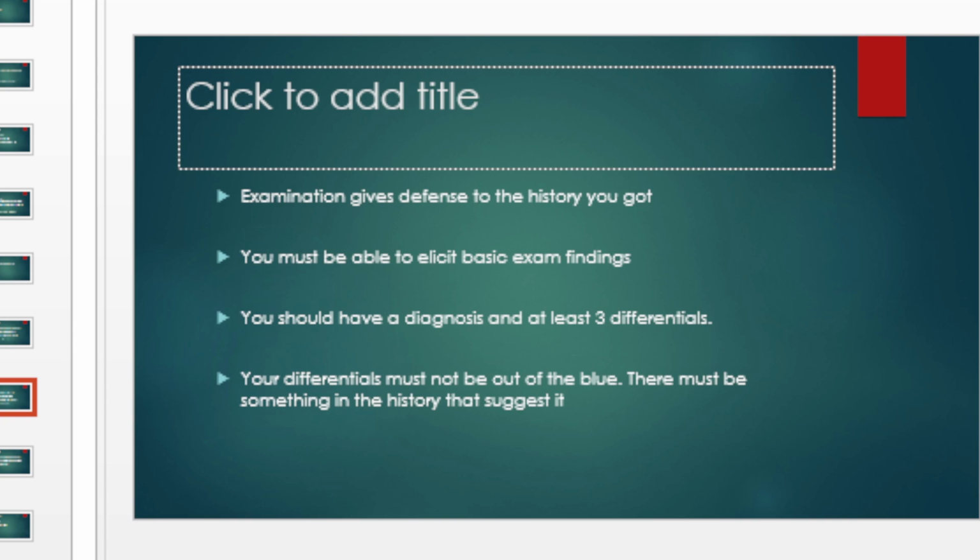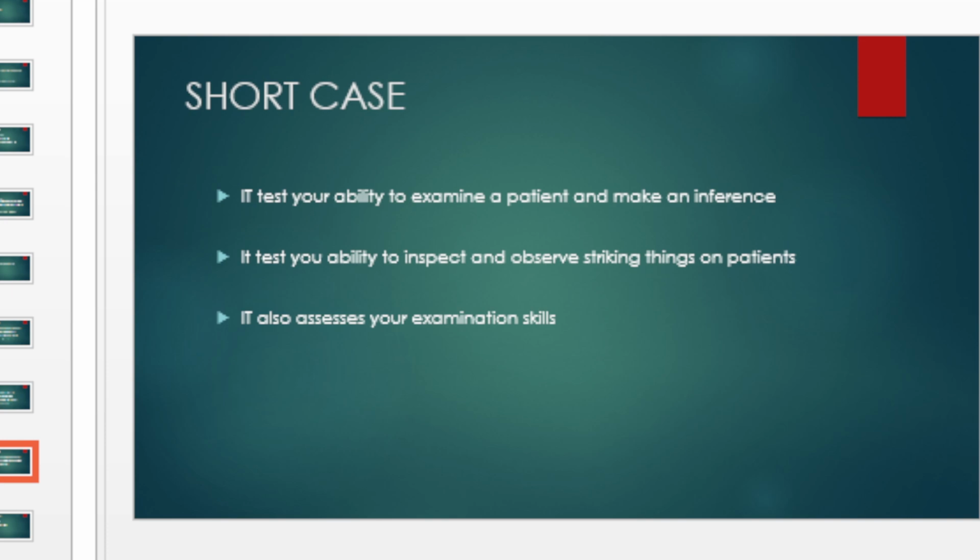And please do not bring differential diagnosis from out of the blue, right? It must be something that your history can defend, right? So don't bring out any differential that you just guess and the patient does not have any symptoms suggestive of it.